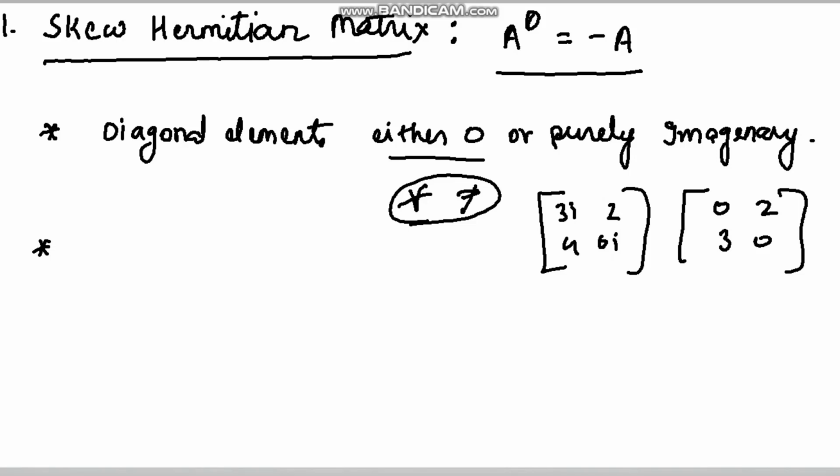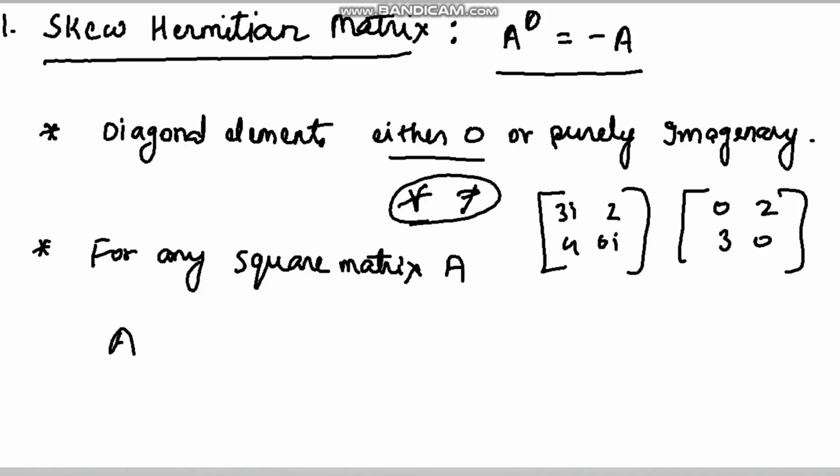Okay, now take one other note. For any square matrix A, A minus its complex conjugate transpose A theta is skew Hermitian.